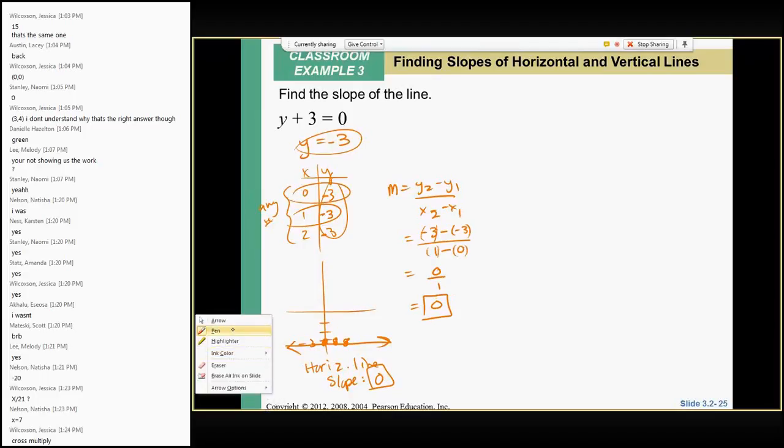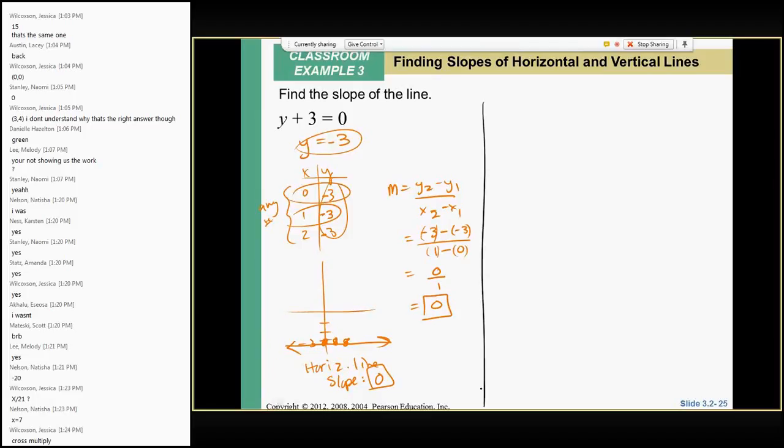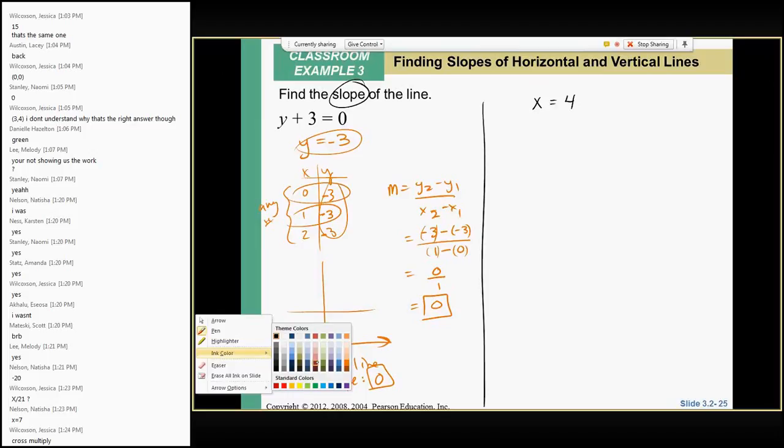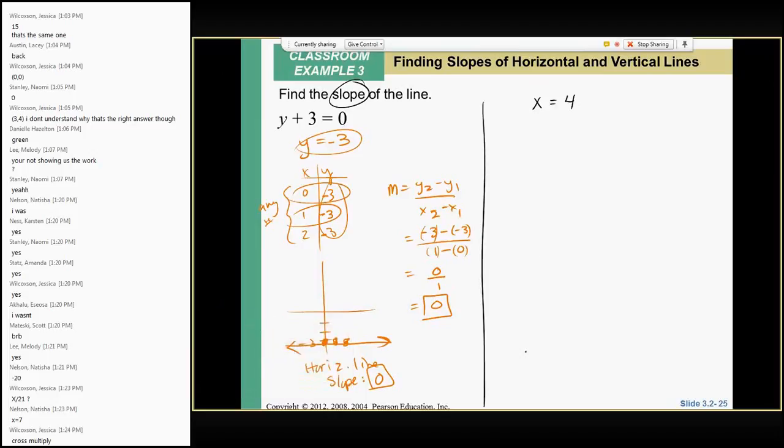Okay. And there's just different ways to solve it. What if I say x is equal to 4? If it just wants the slope, some of you could answer right away with, oh, I know my slope is undefined.